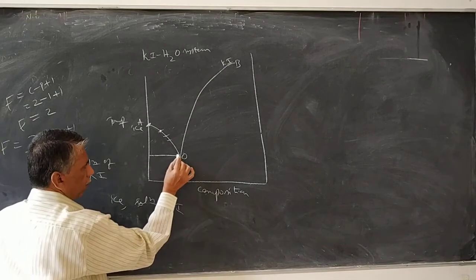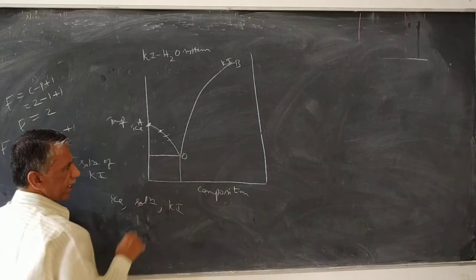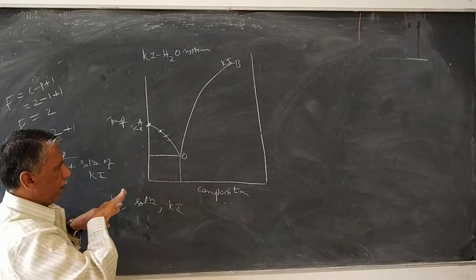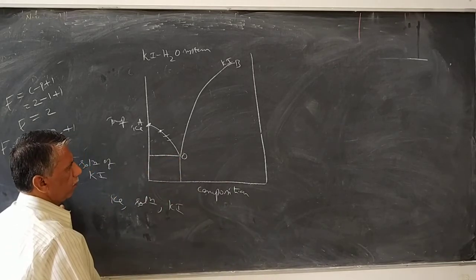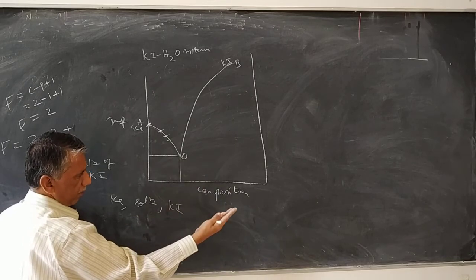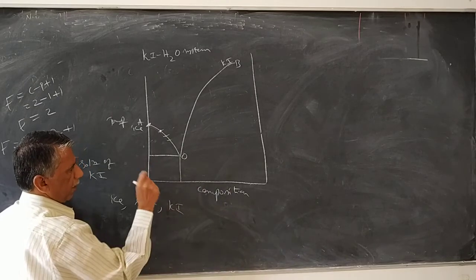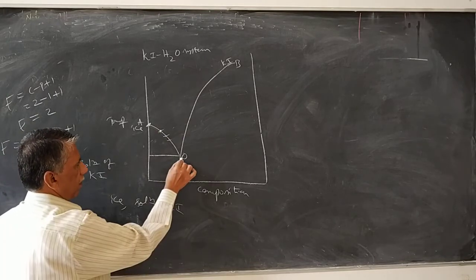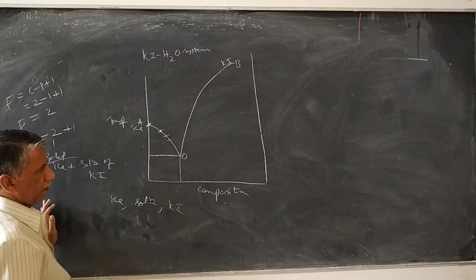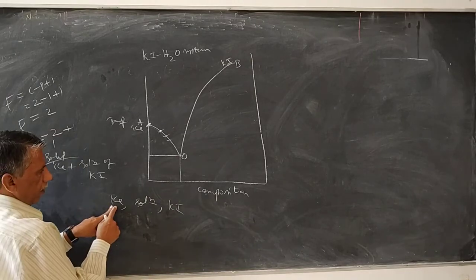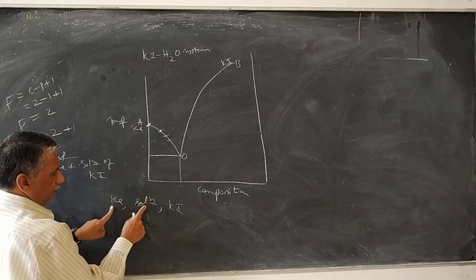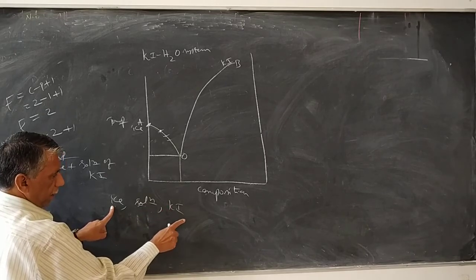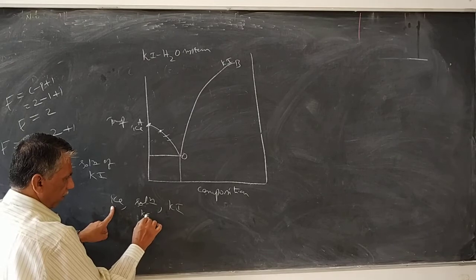And coming to this point, I told you it is called the eutectic point, and below this point the temperature does not come down and even the composition does not change. Such a mixture is called a eutectic mixture. And here there are three phases: ice, the solution of potassium iodide, and solid potassium iodide. Okay? The solution here is potassium iodide plus water.